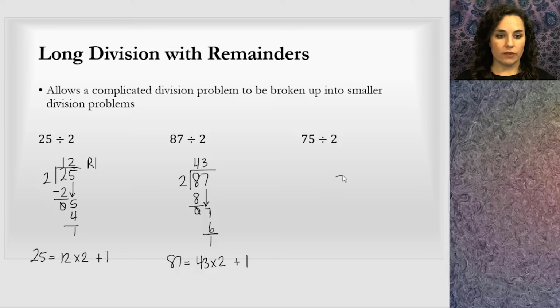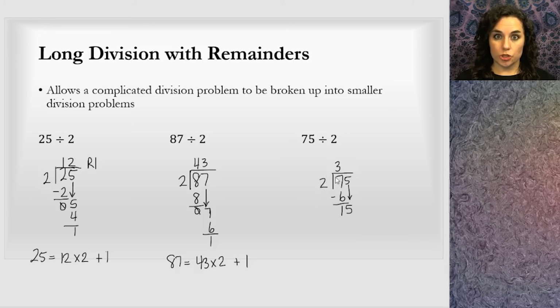Let's do 75. I ask myself, how many times does 2 go evenly into 7? I just did that problem, right? 2 goes evenly into 7 only 3 times, and no more than 3. 3 times 2 is 6. I subtract and have a 1 left over. Bring down the 5.